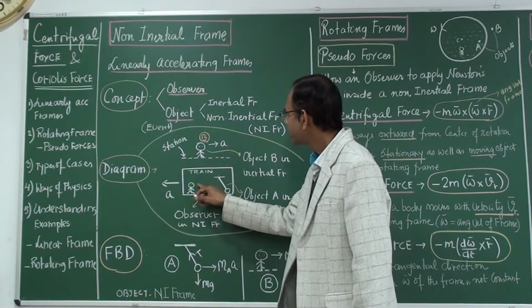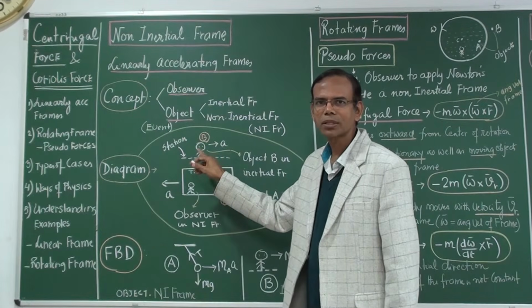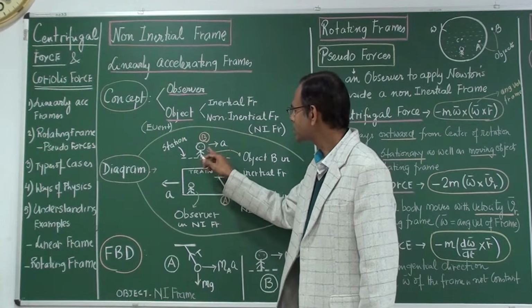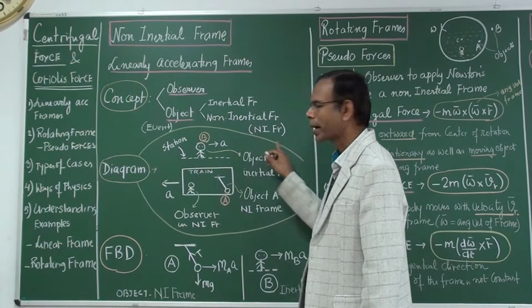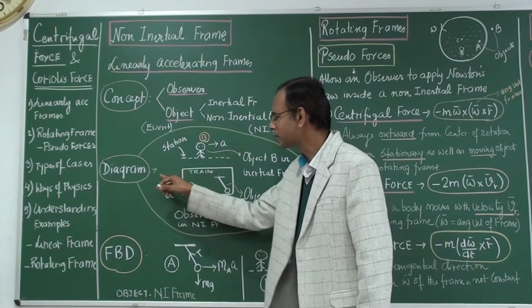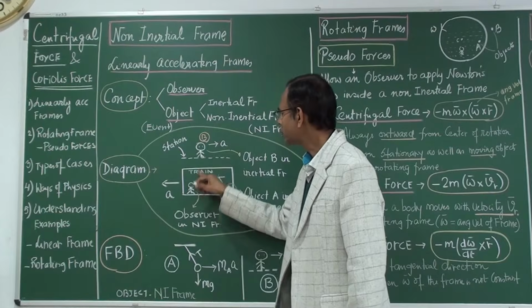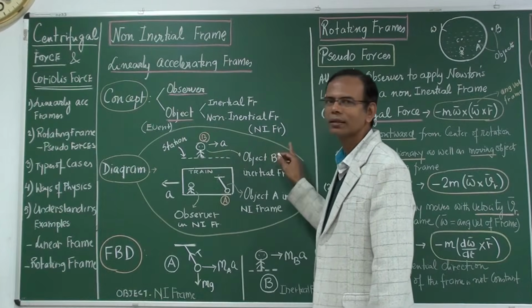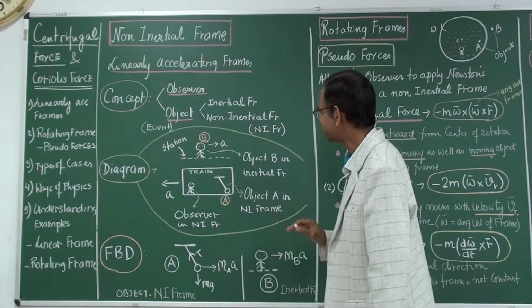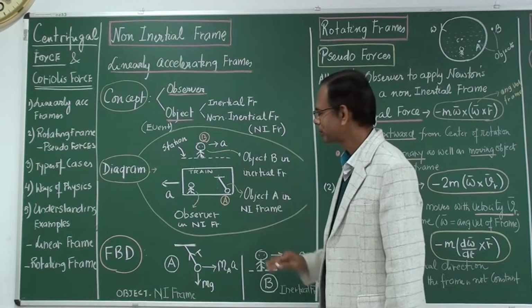Now, how will he see this person who is standing on the station? He will see this person as accelerating backward because he is accelerating in this direction. So, with respect to that observer, he will observe this person as accelerating backward. This is what he will see.